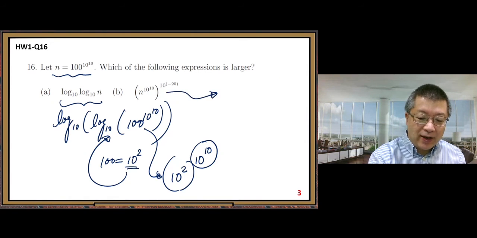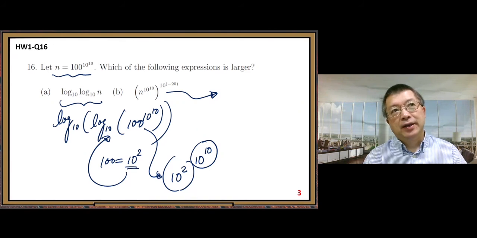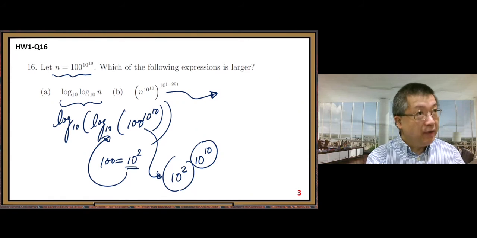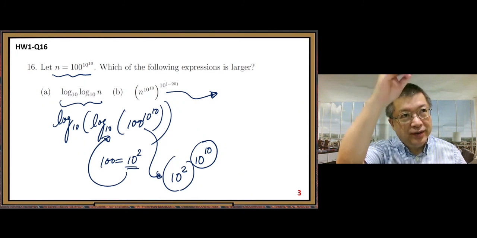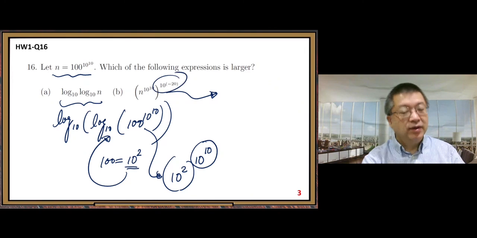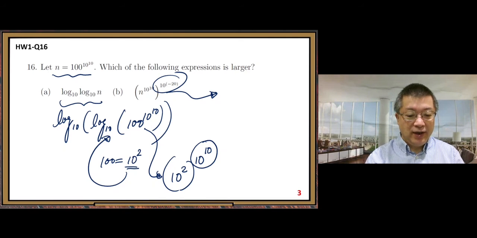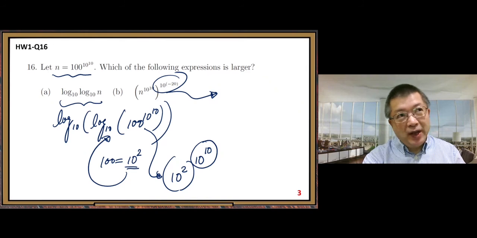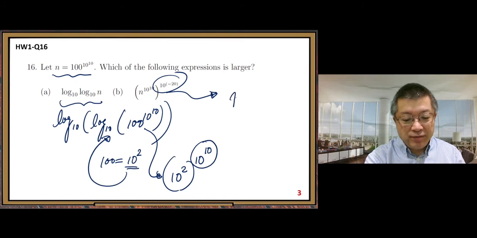Then this one. I hope you're not scared by this format because we have so many levels of exponents. 10 to the 10th in parentheses, then another exponent as a power of 10, but this is a negative power. But actually, if you look at it this way, this is basically n to the a, then we raise it to the power of b, two numbers, right?